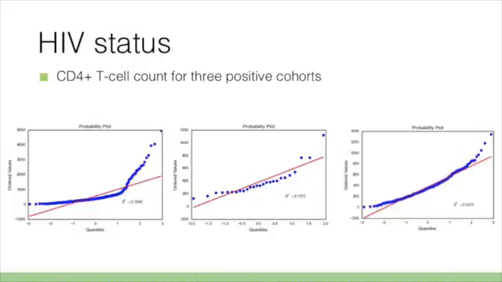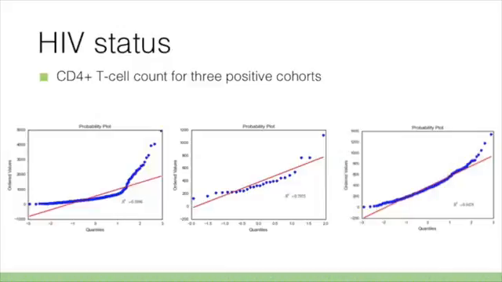Now, these are probability plots, also called QQ plots, where you take every individual CD4 count versus its quantile. And you see the little red lines there. Remember, we've discussed this before. If the underlying population parameter was normally distributed.